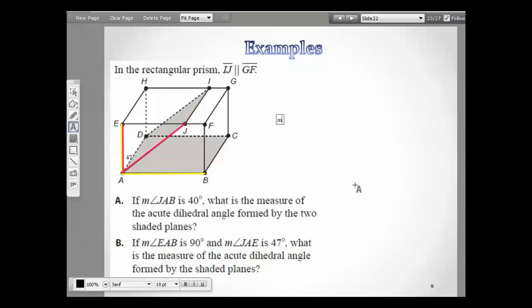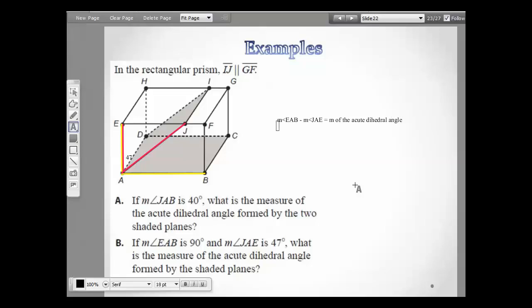That's the measure of angle EAB, 90 degrees, minus the measure of angle JAE, will equal the measure of the acute dihedral angle.